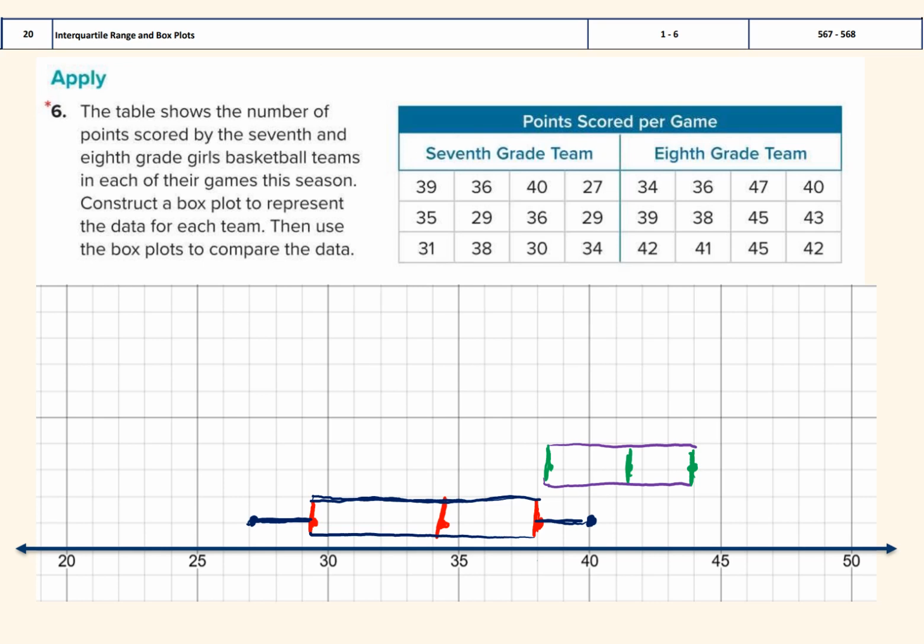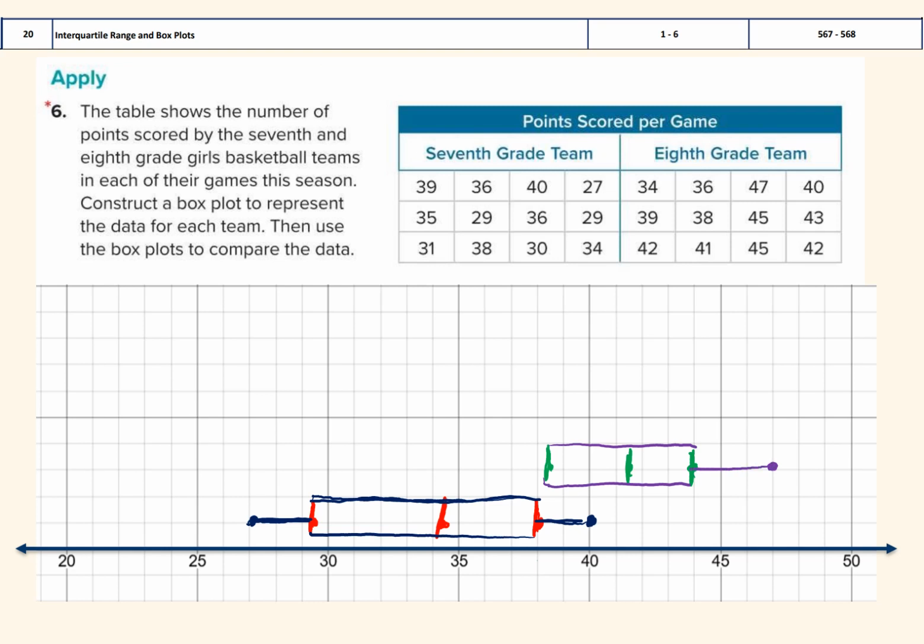Then after that, we need to draw the maximum and the minimum. The maximum is going to be 47. So here it is. 46, 47. Just join the maximum point with a line segment that reaches the box.